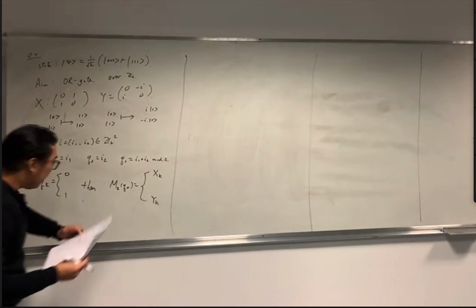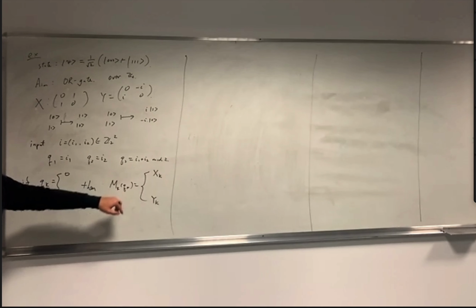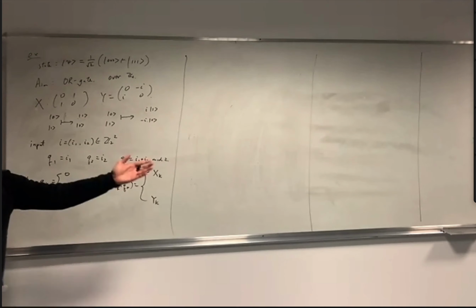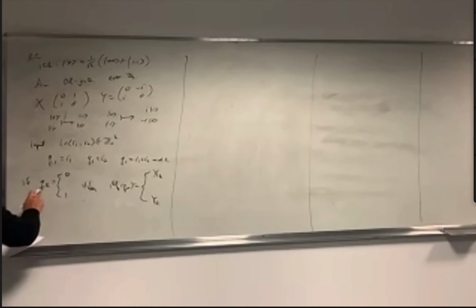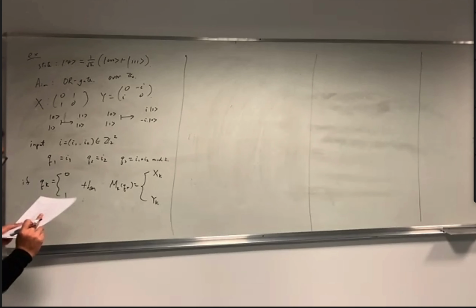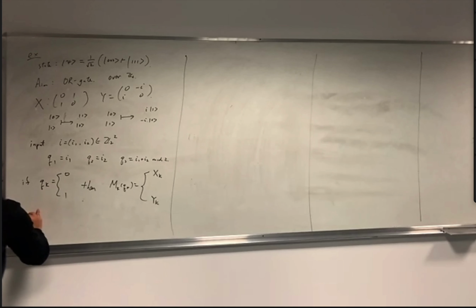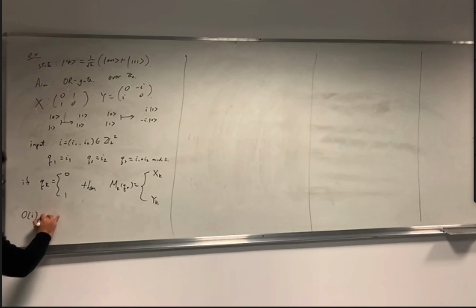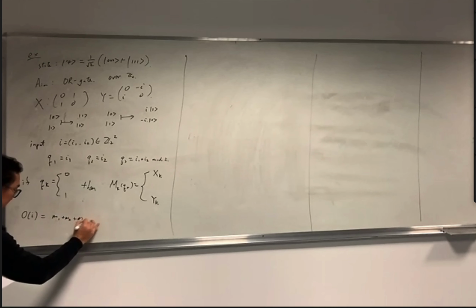The subscript k here basically means which qubit we are taking the measurement on. So we know what measurement we are going to take, and then for the final output, we take the sum of all 3 of them, mod 2.